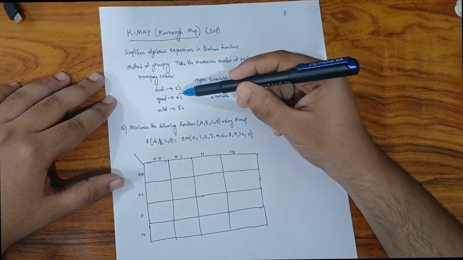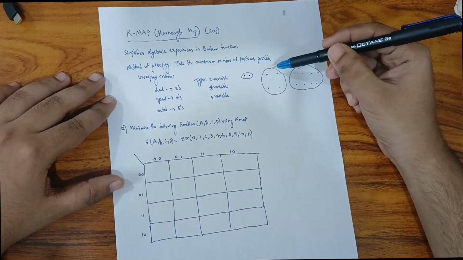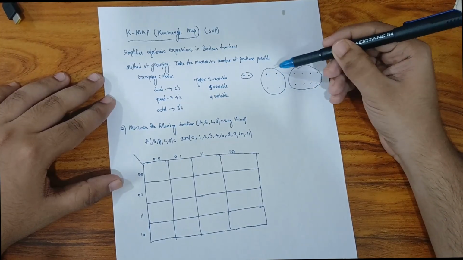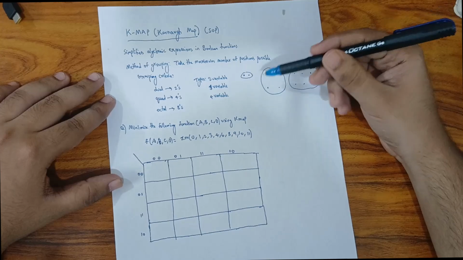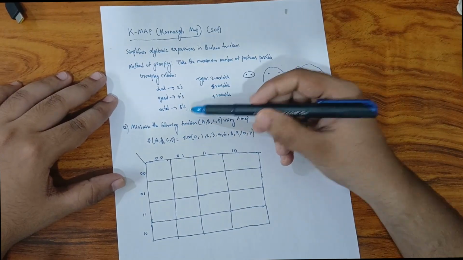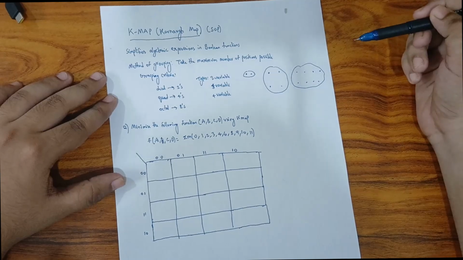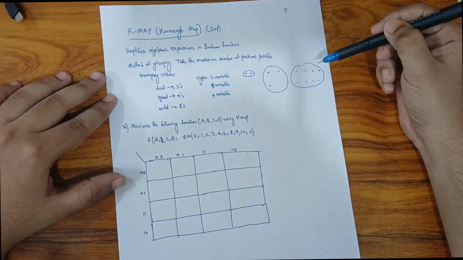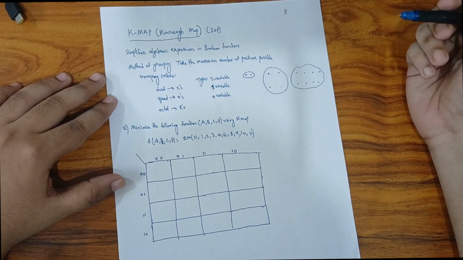The second criterion is quads, where we round off a set of four elements or minterms in the K-map which are adjacent to each other. Similarly, we have octals, which is exactly the same as the ones I said before, but we'll be considering 8 minterms.